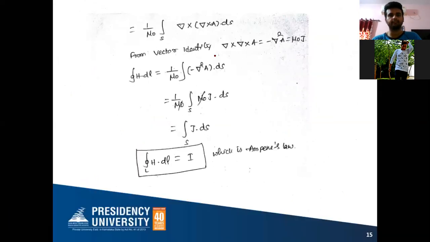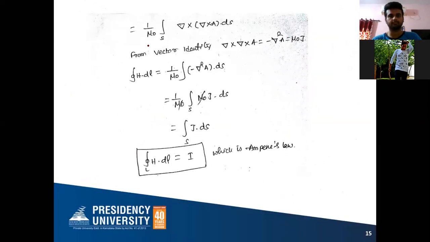Now we can write this as H dot dl. Now what is H? B by mu naught, correct?